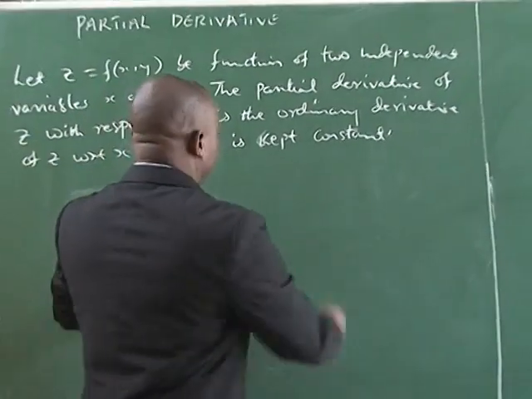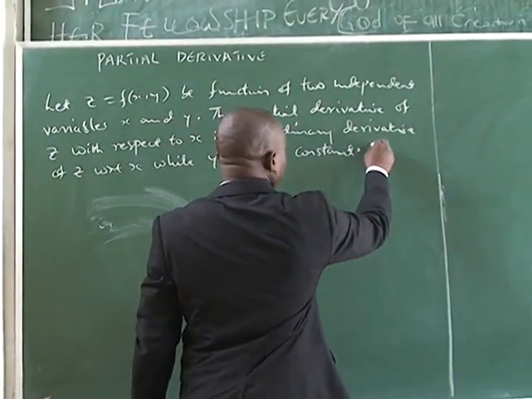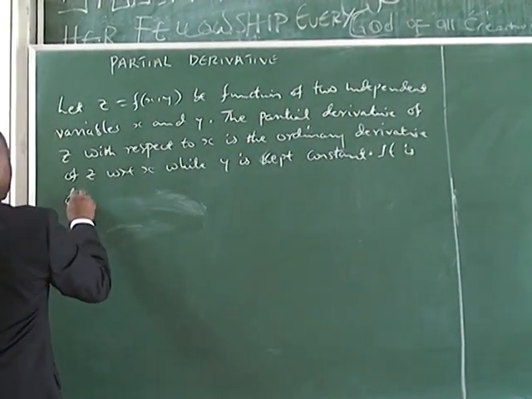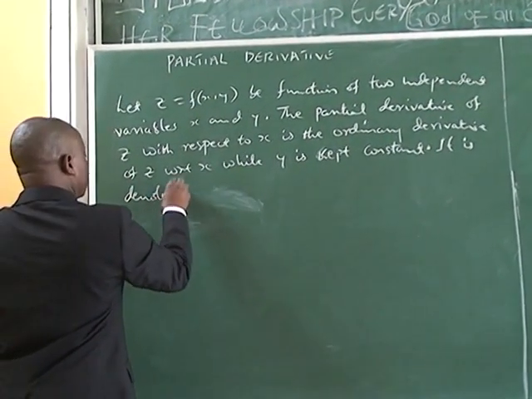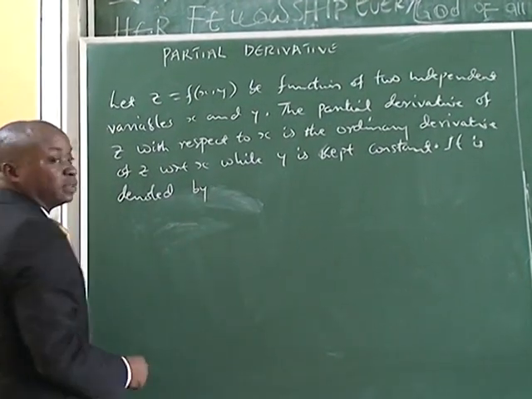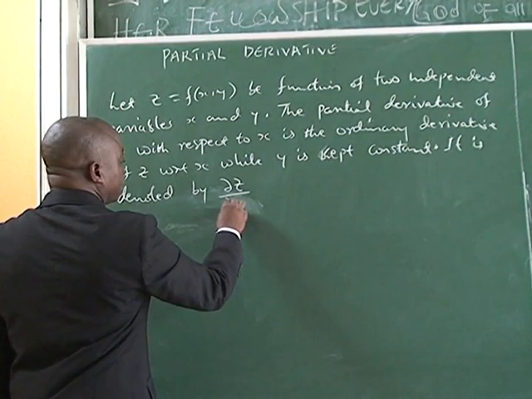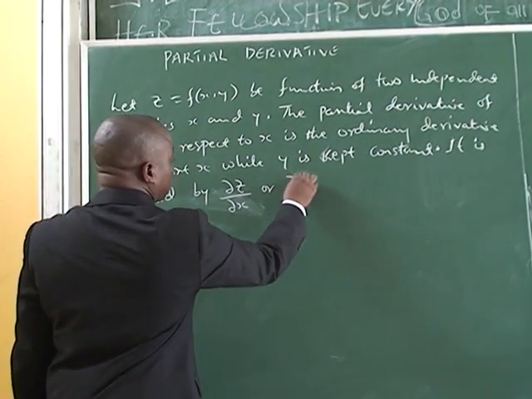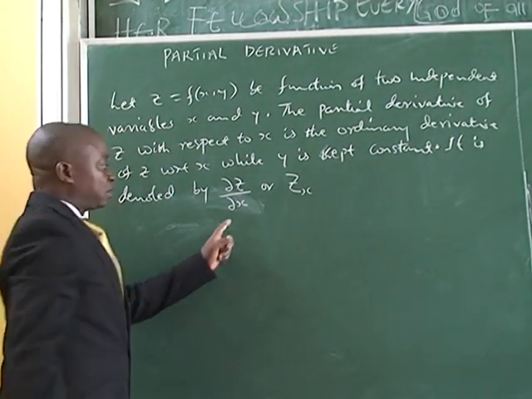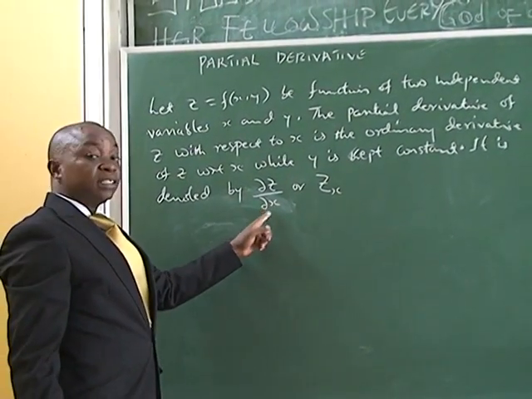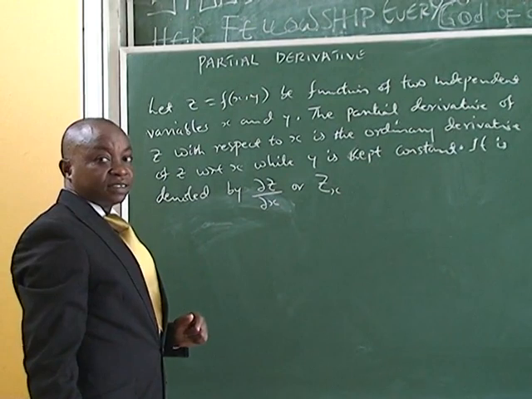It is denoted by partial z, partial x, or z subscript x. If I write like this, what I mean is partial z, partial x.